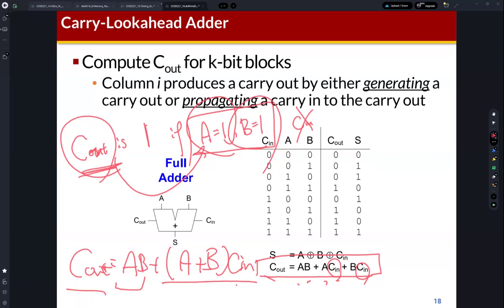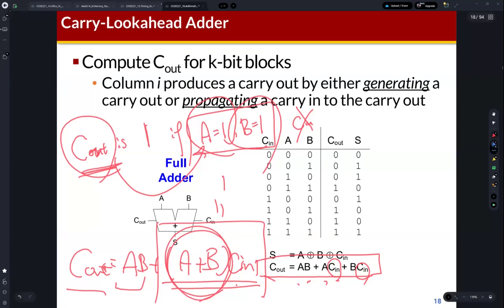And if we focus on the term that includes C in, the carry from the previous digit, in order to make this term 1, A plus B needs to be 1. So if this term is 0, even though C in is 1, this term becomes 0.